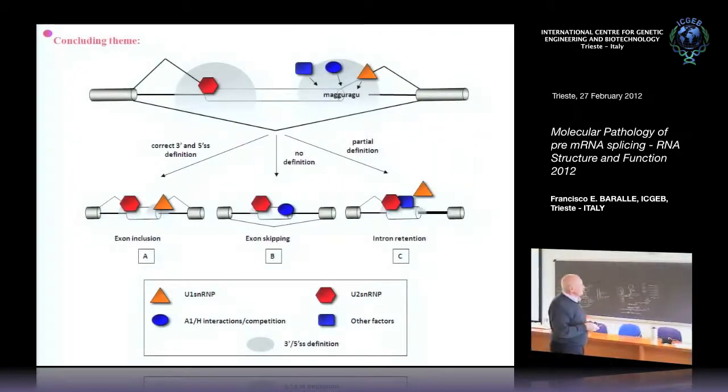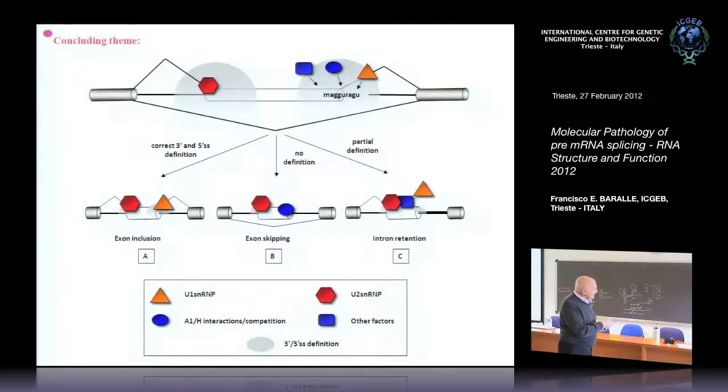Essentially what is going on. So the spliceosome sees this 3' splice site and probably looks for a 5' here or at some point, and you can have no definition of this one, total non-definition, and then this is not recognized as an exon, and the exon is skipped here.